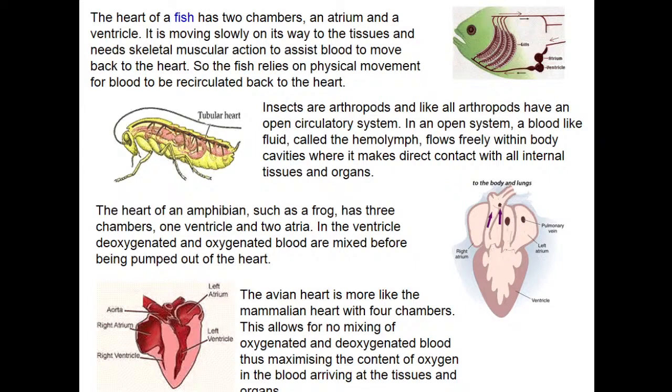And the last, fourth layer: the avian heart is more like the mammal's heart, with four chambers. This allows for no mixing of oxygenated and deoxygenated blood, thus maximizing the content of oxygen in the blood arriving at the tissues and organs.